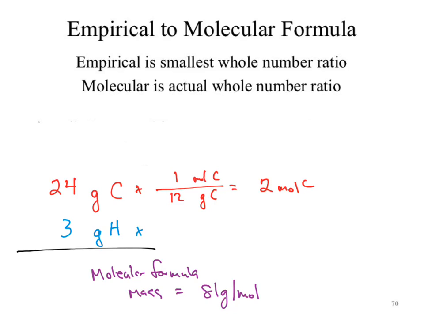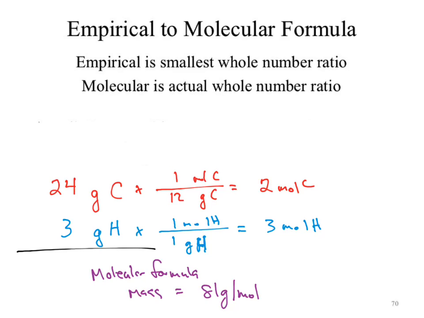It's not going to really change the numbers much. 1 mole of hydrogen is 1 gram of hydrogen, which would be 3 moles of hydrogen. Okay. What was the next step?